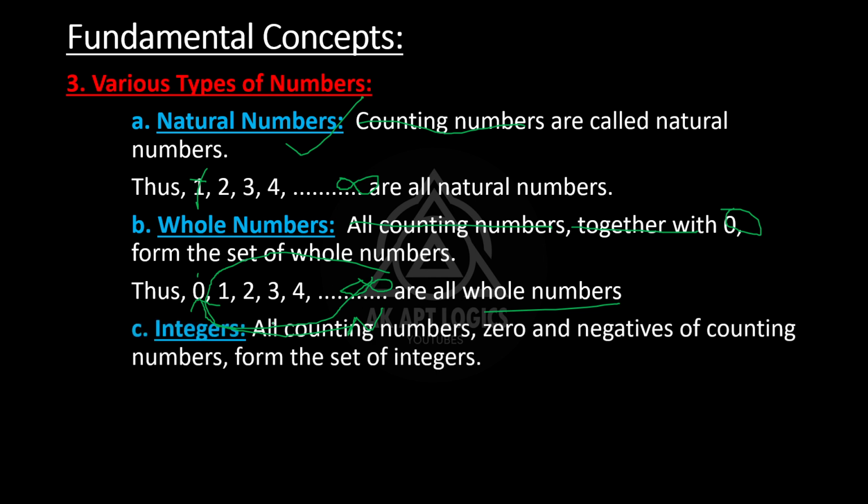Integers. All counting numbers, which means all natural numbers, zero, and the negative numbers of counting numbers. Negative of natural numbers means -1, -2, -3, -4, and so on.